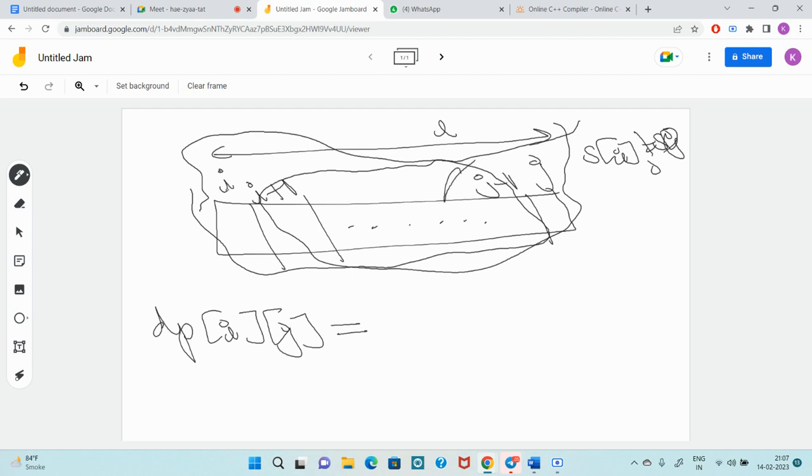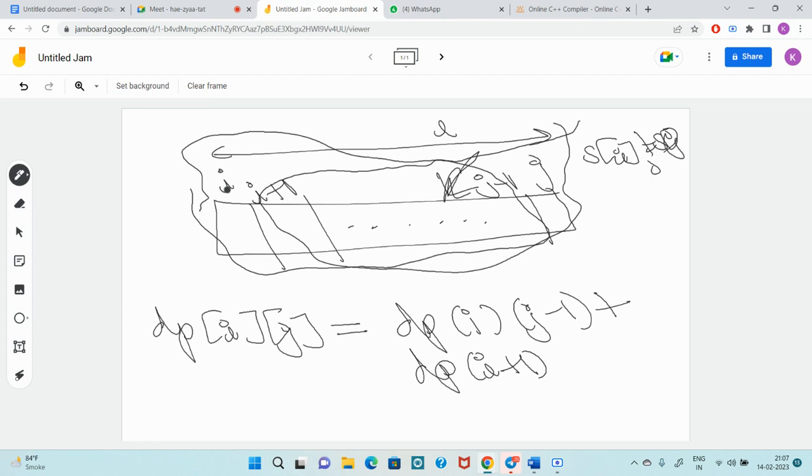So you can subtract that number and your job is done. So dp of I of j is nothing but dp of I to j minus 1 plus dp of I plus 1 to j, minus, because we did the over counting, dp of I plus 1 j minus 1. Guys, is this formula clear?